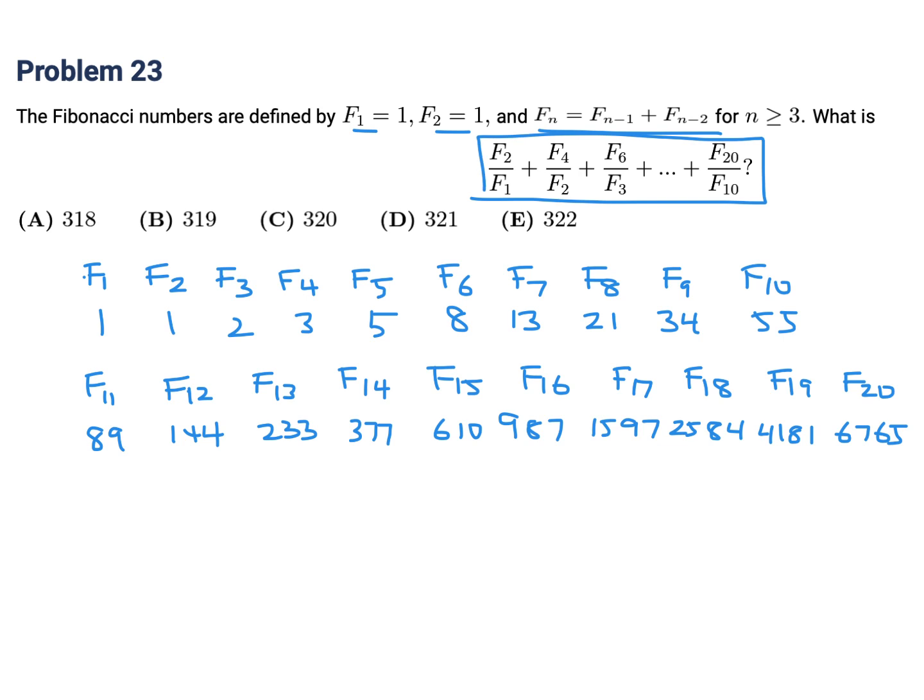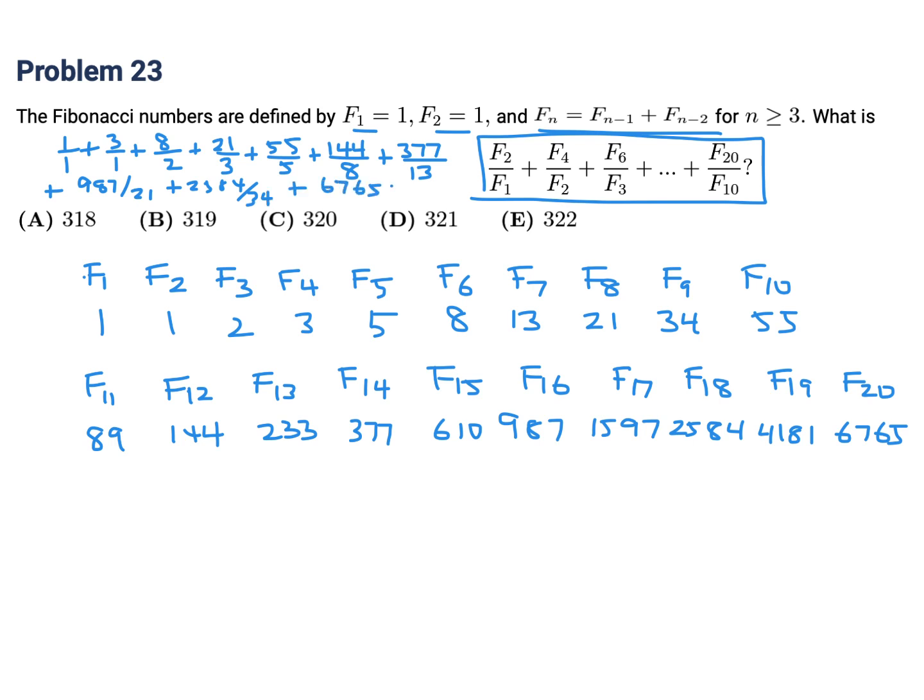Okay, so let's just do it. So it would be, let's see here, f2 over, so 1 over 1 plus 3 over 1 plus 8 over 2 plus 21 over 3 plus 55 over 5 plus 144 over 8 plus 377 over 13 plus, what's the next one? 987 over 21 plus 2584 over 34 and then 6765 over 55.